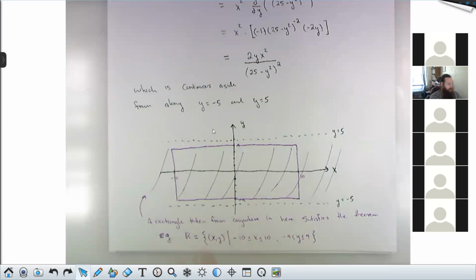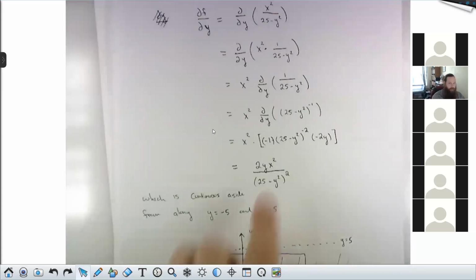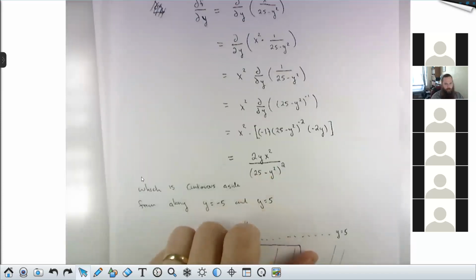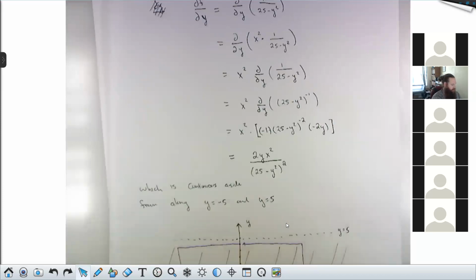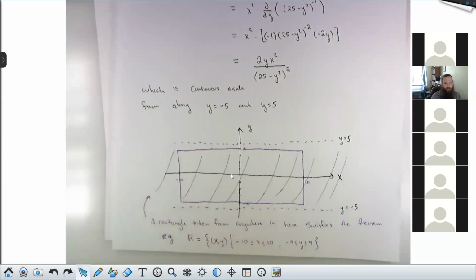On a test, a correct answer would include the calculation of this partial derivative, telling me where it is and is not continuous, telling me where the original function is or is not continuous, and then specifying a rectangle. Those three things I would want on a test.